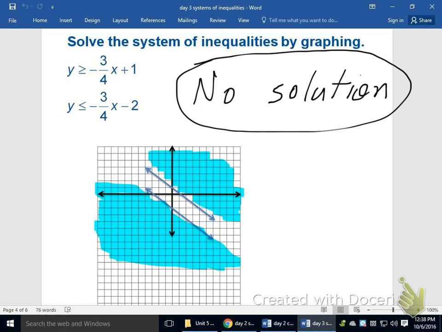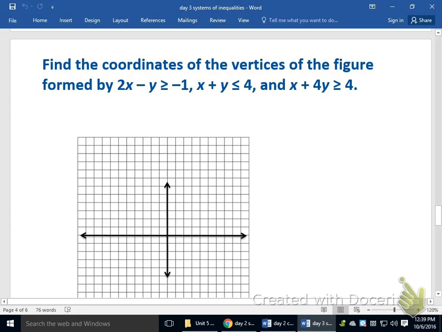All right, this last one, this really applies to where we're taking this, is where we're going to have feasible regions coming up next in this unit that we have to describe with inequalities. And this is an example of one. So what's going to happen here is I'm actually going to solve for y on each of these, get them into y equals, so negative y is greater than or equal to negative 2x minus 1.